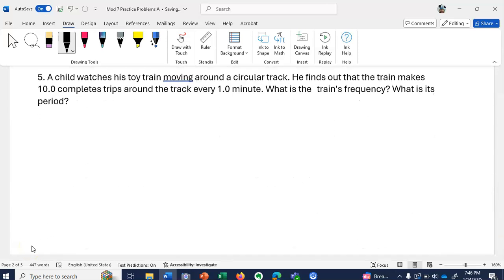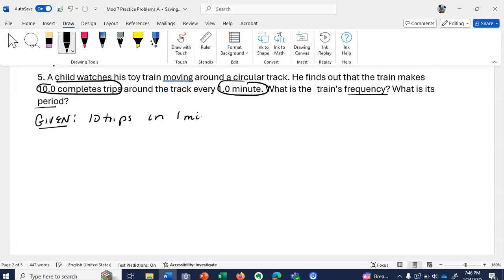Number 5. It says a child watches a toy train moving around a circular track. He finds out the train makes 10 complete trips around the track every 1 minute. What's the frequency and the period? So we are given 10 trips in 1 minute.